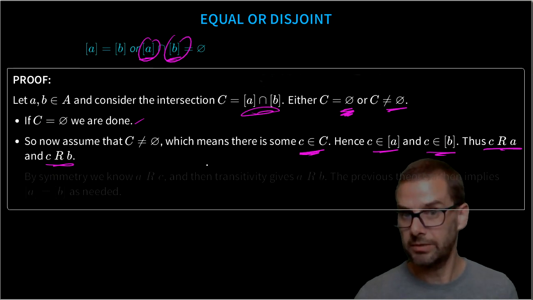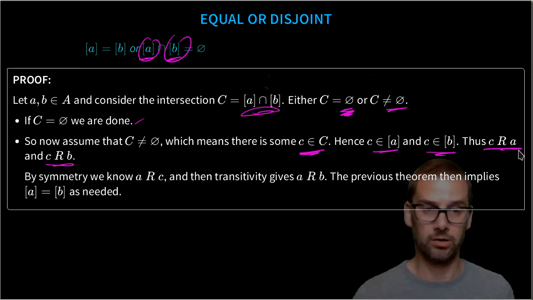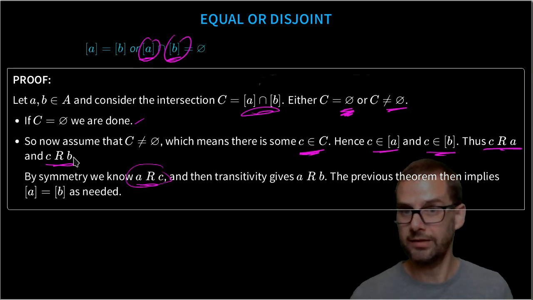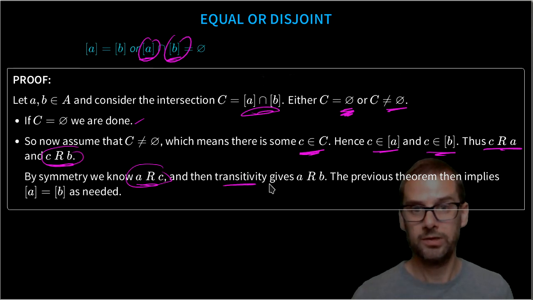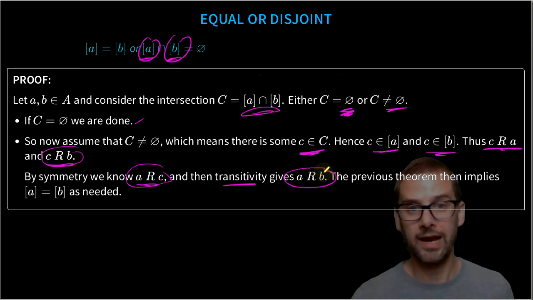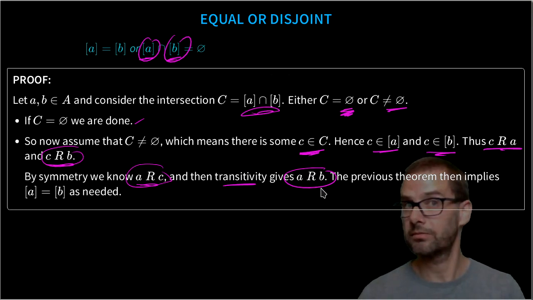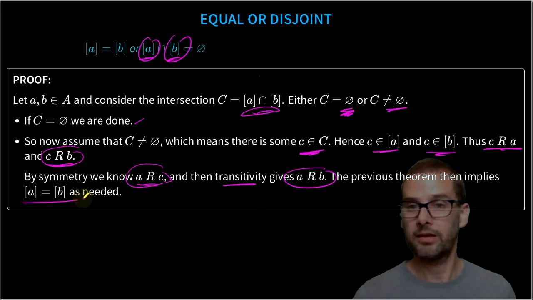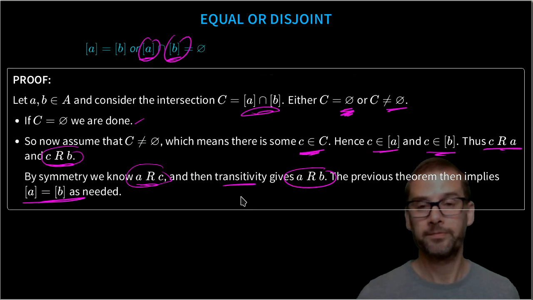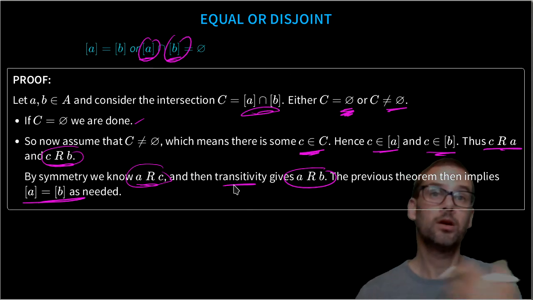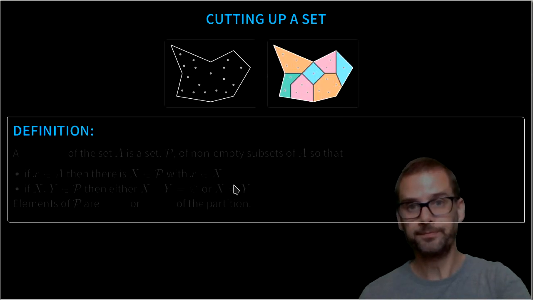By symmetry, we can flip that around to get aRc. Then we can put together aRc and cRb, using transitivity to get aRb. And then the theorem that we proved in the last video tells us that the equivalence classes are the same. It's not so hard to prove that the equivalence classes are disjoint or identical.